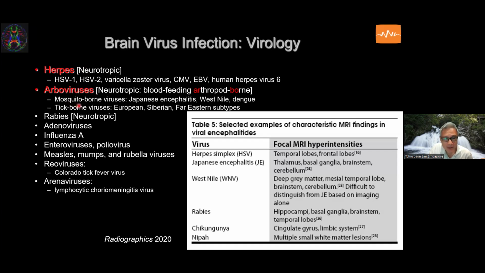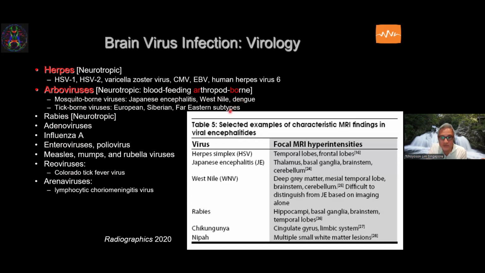There is another pattern that is typical of virus infections amongst the very many viruses that can result in brain lesions. The other group that we typically see would include the arboviruses, which are arthropod-borne, mosquito or tick infestations, and they classically include Japanese encephalitis, West Nile virus, and dengue virus.